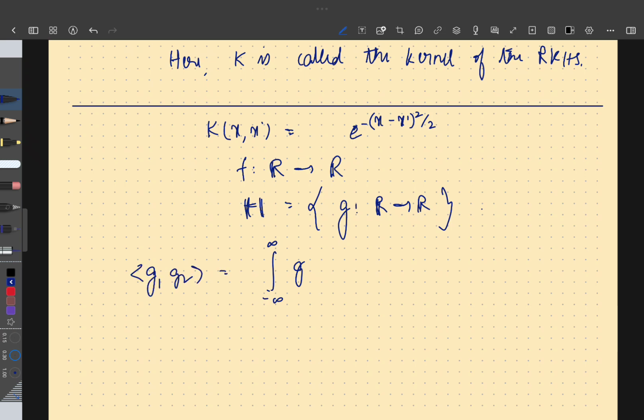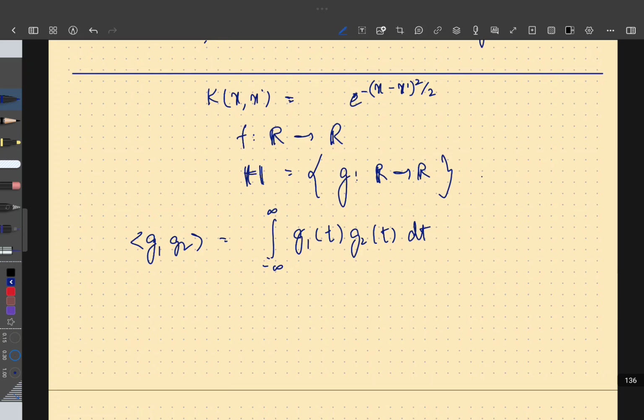Okay, let's suppose that the inner product is the integral from minus infinity to infinity of g1 of t, g2 of t dt. Suppose that this is the inner product that I've defined.